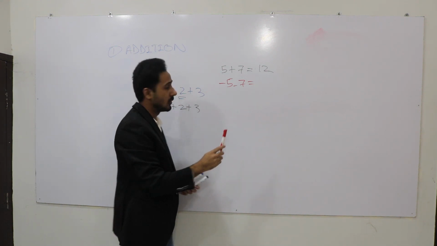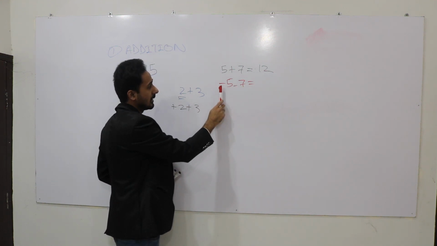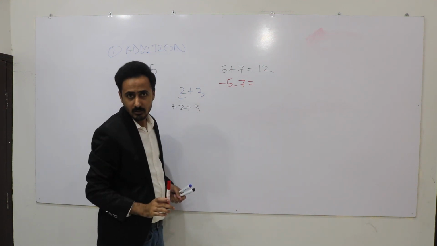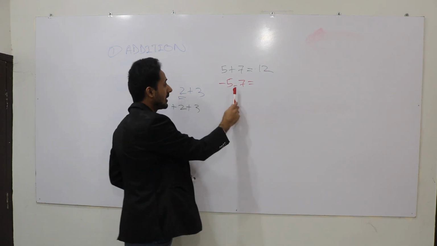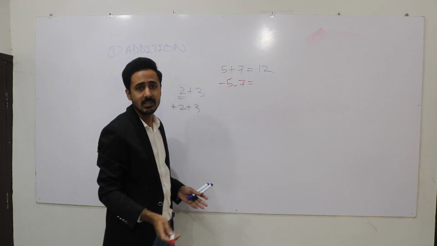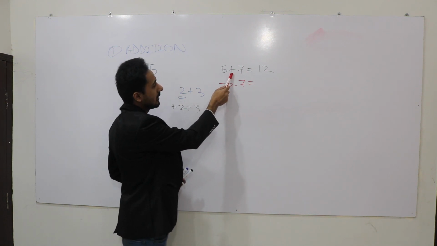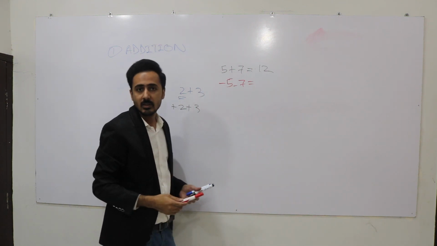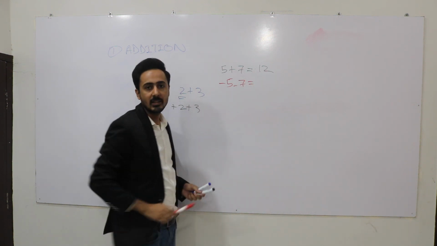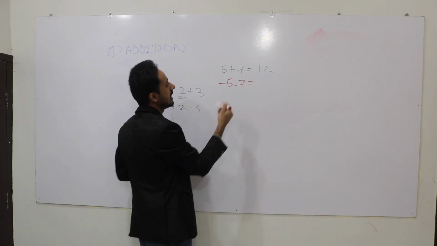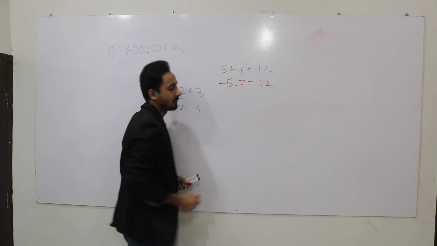Remember, if both numbers contain same sign, we will do addition. This is a very simple rule. If both numbers contain same sign, we will do addition. Here also, this is positive, this is also positive. Both numbers have same signs, that's why we did addition. Here we will also do addition, 5 plus 7, 12.